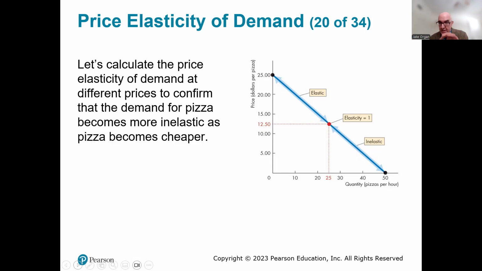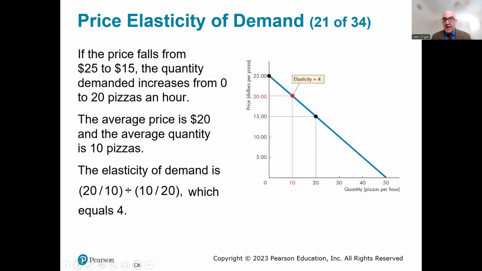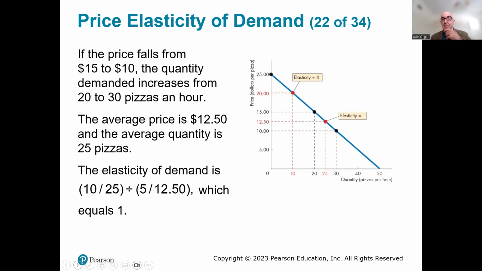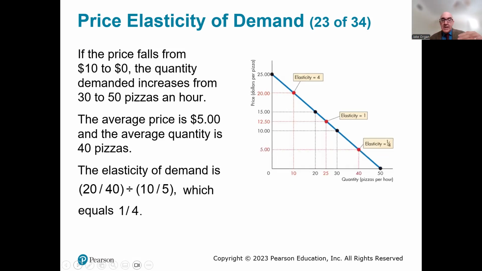Look at the changes in price and what it does to quantity demanded along this line. You'd find that at the top end of the line, the elasticity would be 4 if you did the midpoint formula. But if you did it lower down the line, it would be 1. And if you did it further down the line, it would be a quarter. If you're confused with this stuff, try and work that out using the midpoint formula.